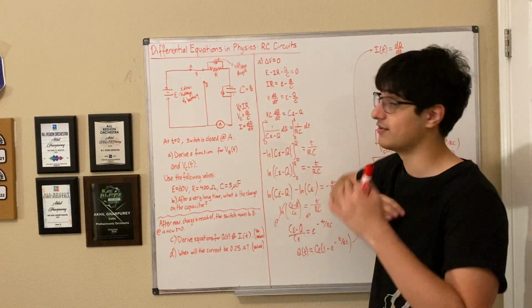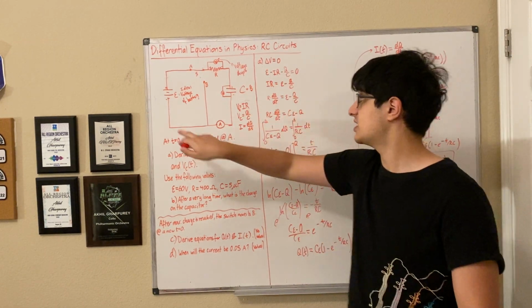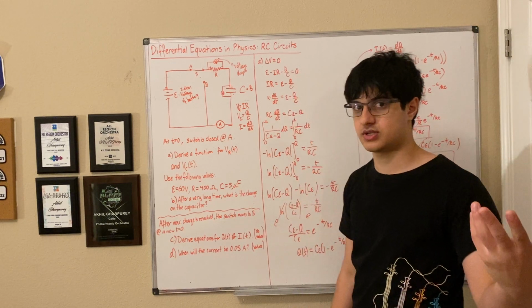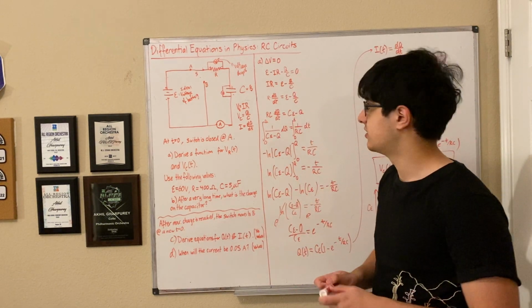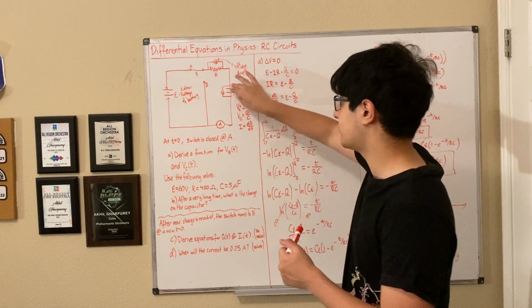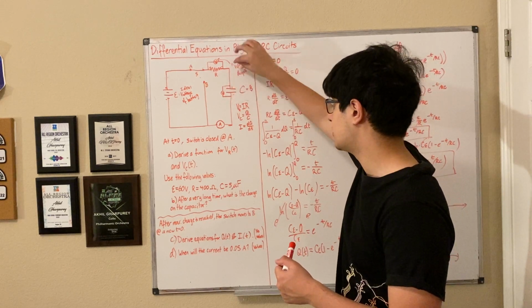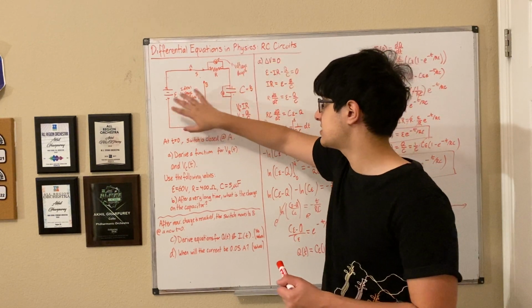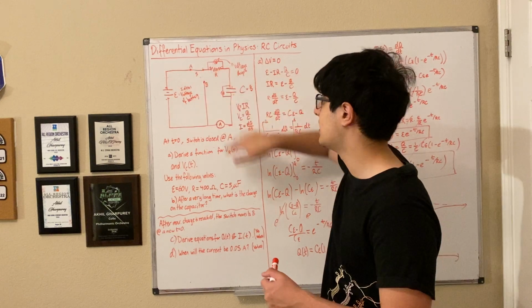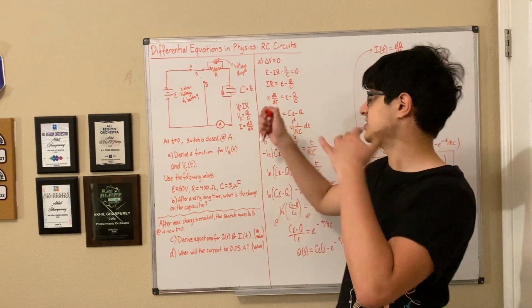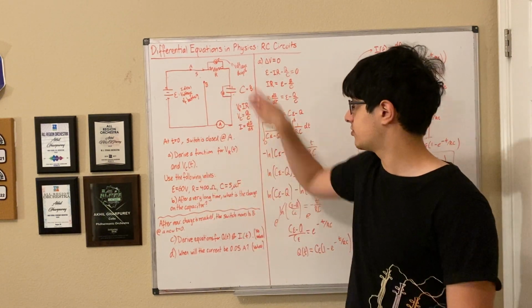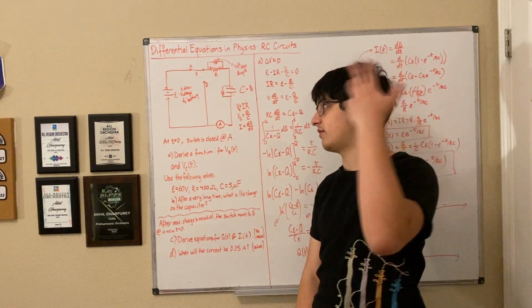However, over time, this current actually decreases because of this capacitor right here. The capacitor is stealing voltage, meaning that the current is effectively getting reduced. Kind of. These charges are being stored in this capacitor, which as a result inhibits the ability of charges to flow, thereby decreasing the total amount of charge flowing through this, and therefore decreasing the current.